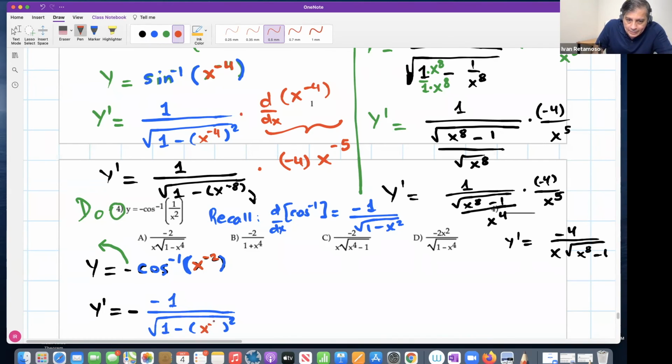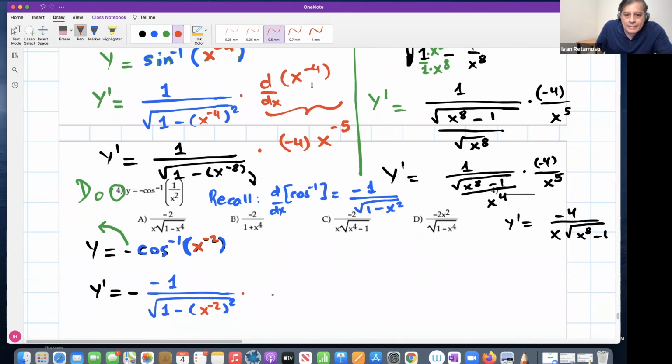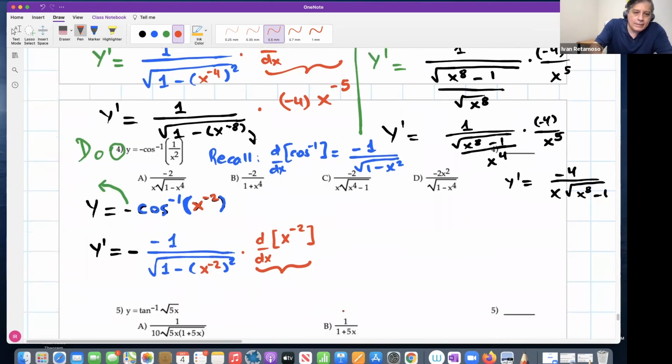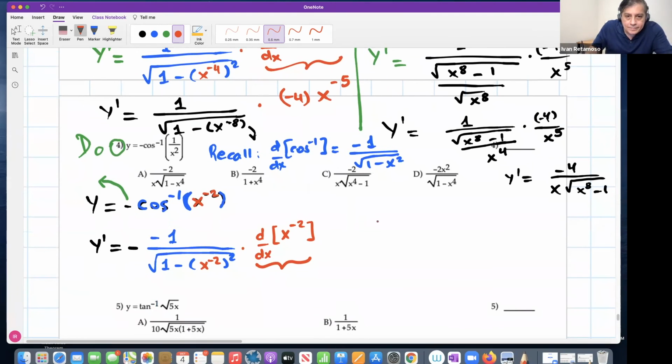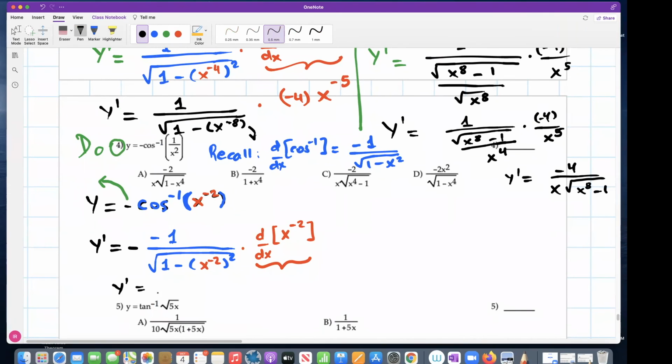But that something happens to be our inside function, right? x raised to negative 2, times the derivative with respect to x of our inside function, which is x raised to minus 2. And by the way, guys, what is this derivative? Anybody could tell us on the chat? Negative 2 times x raised to minus 3, that is negative 2 over x cubed.